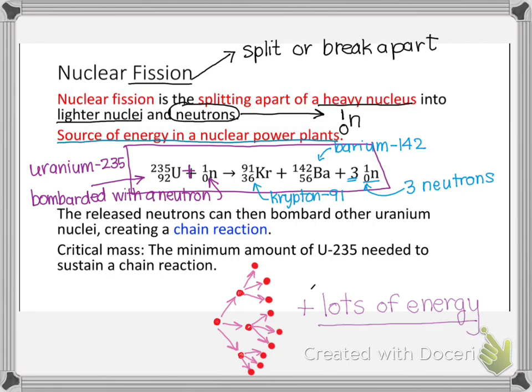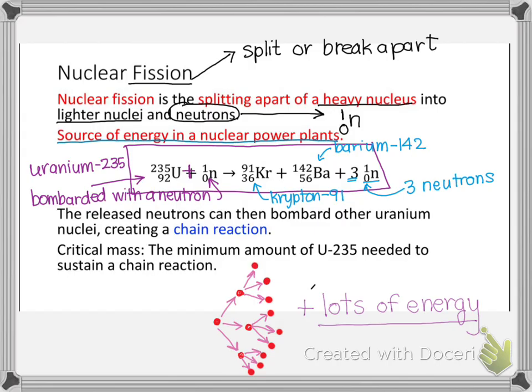The released neutrons can then bombard other uranium, creating a chain reaction that could keep going. The critical mass is the minimum amount needed to sustain that chain reaction. If it was lower than that, you wouldn't sustain it.